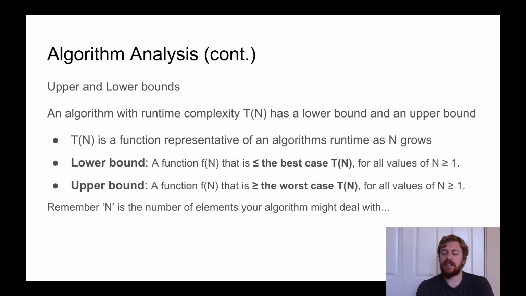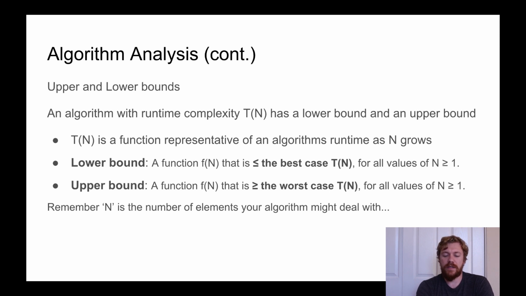Basically what we're saying is as long as there's at least one item inside of the collection or array that we're working with. But now the confusing part is, a lower bound is a function f of n that is less than or equal to the best case T of n.